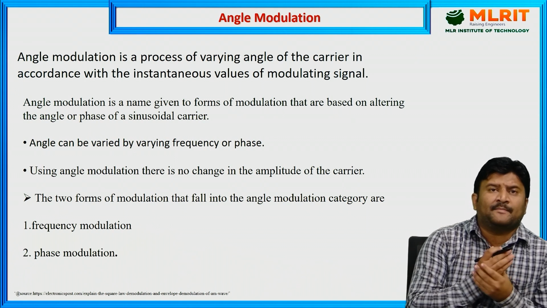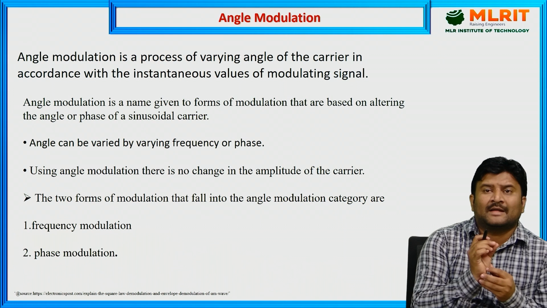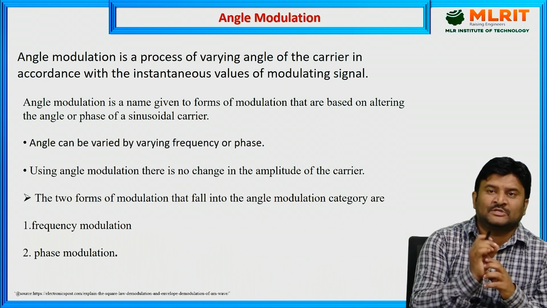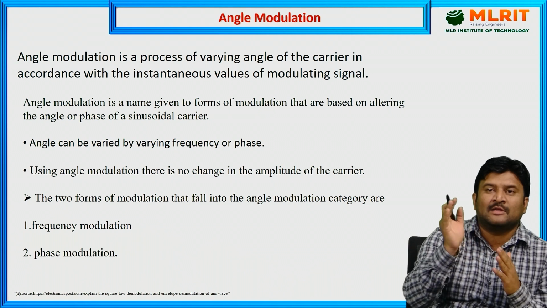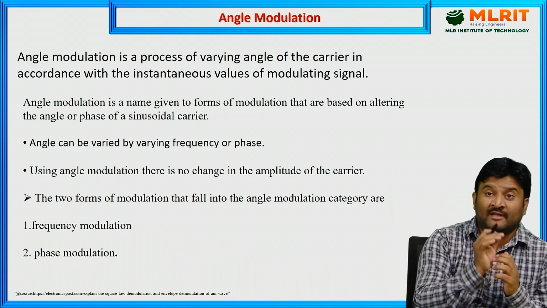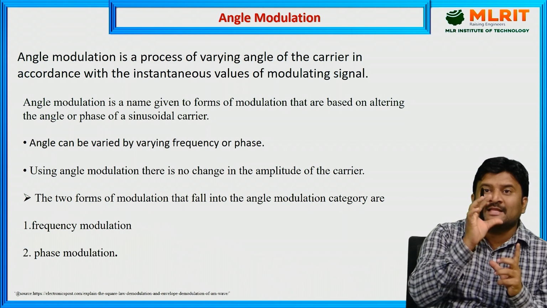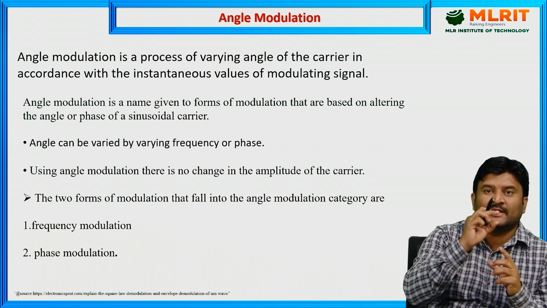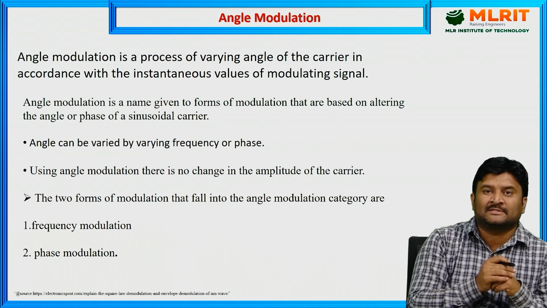If you take amplitude modulation, the amplitude of the carrier signal is varied according to instantaneous values of the message signal. Very, very important. Here, the amplitude of the carrier signal is varied according to instantaneous or amplitude levels of the message signal.